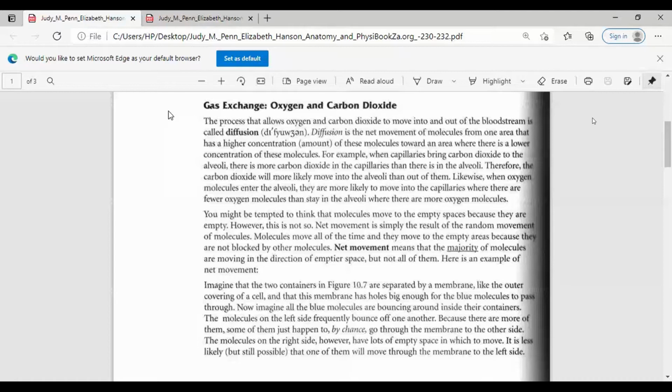Likewise, when oxygen molecules enter the alveoli, they are more likely to move into the capillaries, where there are fewer oxygen molecules than stay in the alveoli, where there are more oxygen molecules. Continue.